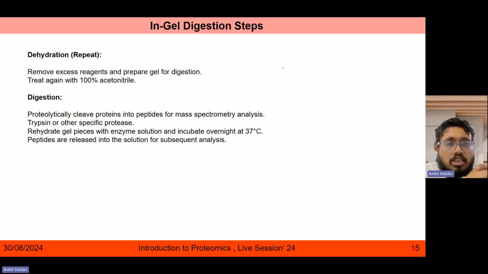Now the digestion means that we need to break the proteins into peptides for mass spectrometry analysis. For that, we should add trypsin or other specific proteases.